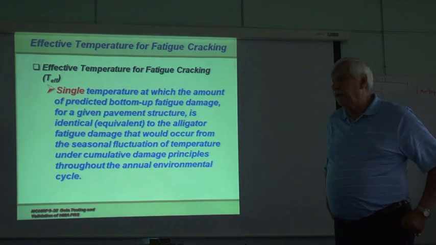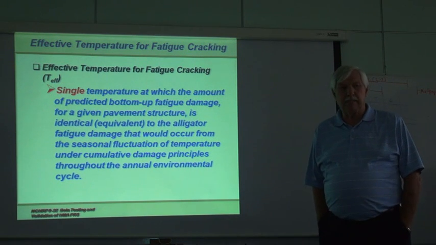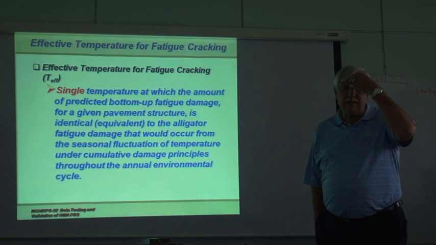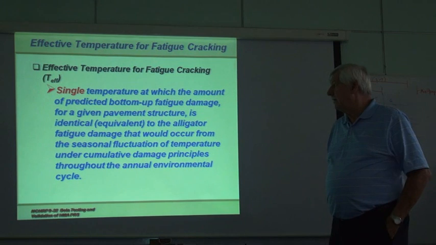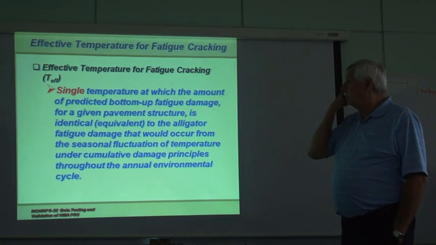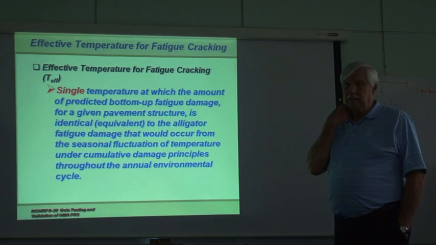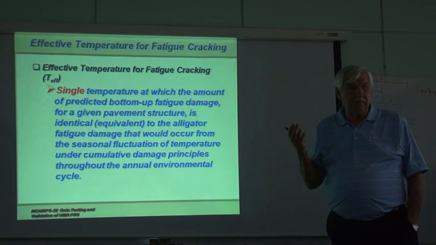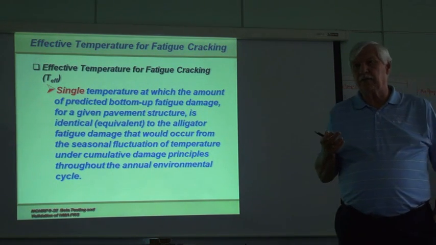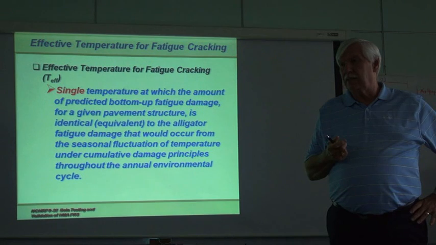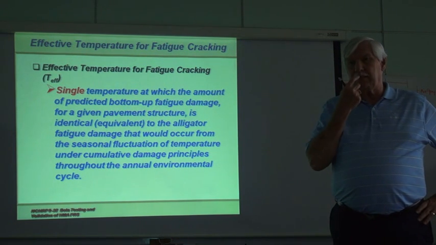Another very critical concept that's going to have direct applicability is the introduction of what we call effective temperature. There are effective temperatures for fatigue cracking and effective temperatures for permanent deformation of the AC. What does it represent?